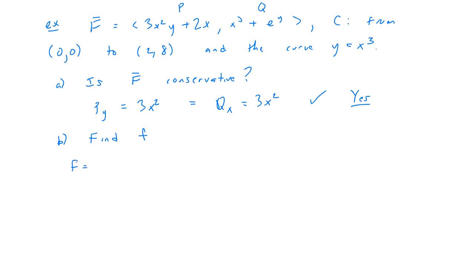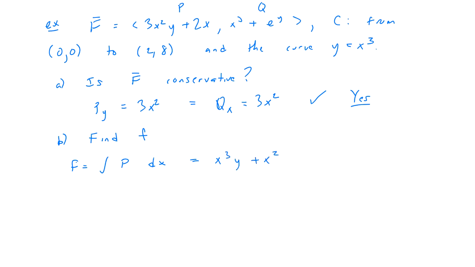And the text does it a slightly different way. I do this in 2 parts, but you can also do this as the text does, so you can look at that also. So we can say, well, f is equal to the antiderivative of P with respect to x, which is x cubed y plus x squared.